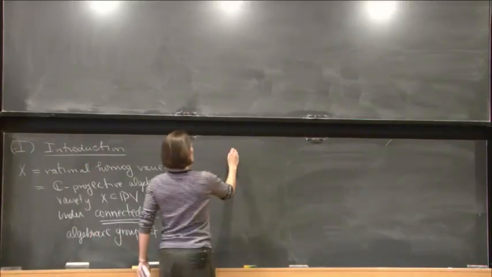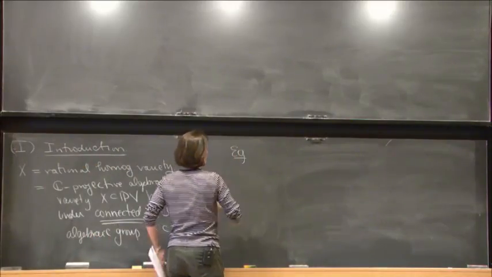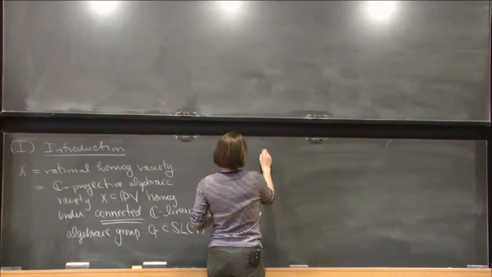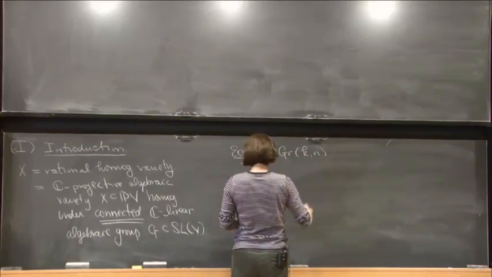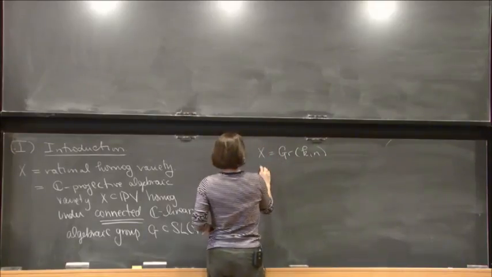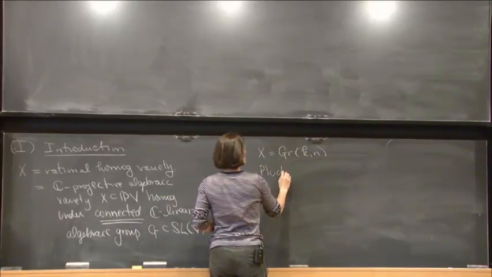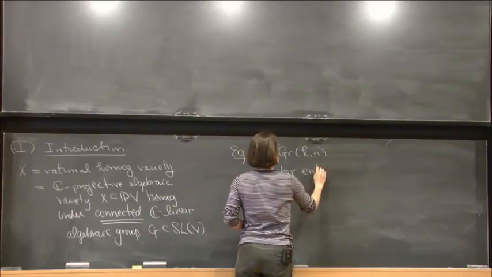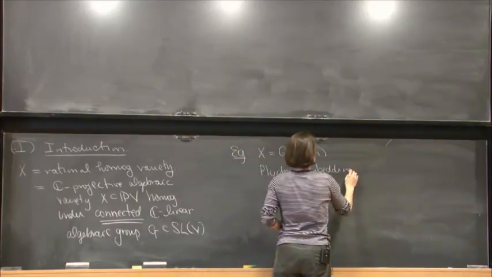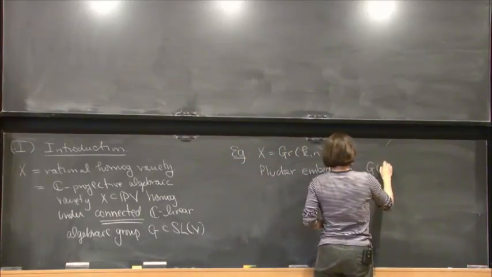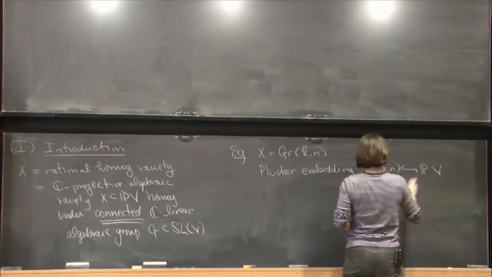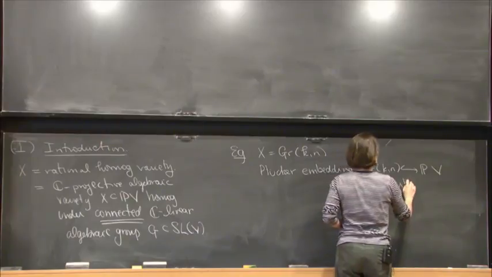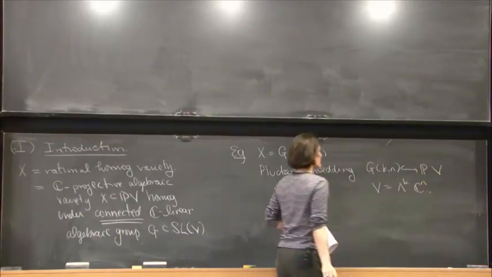Okay. So the example you can think about as we go through the talk is the case that X is the Grassmannian of K-planes in N space. And then this embeds as an algebraic variety via the Plucker embedding into the projectivization of the kth exterior power of complex N space.